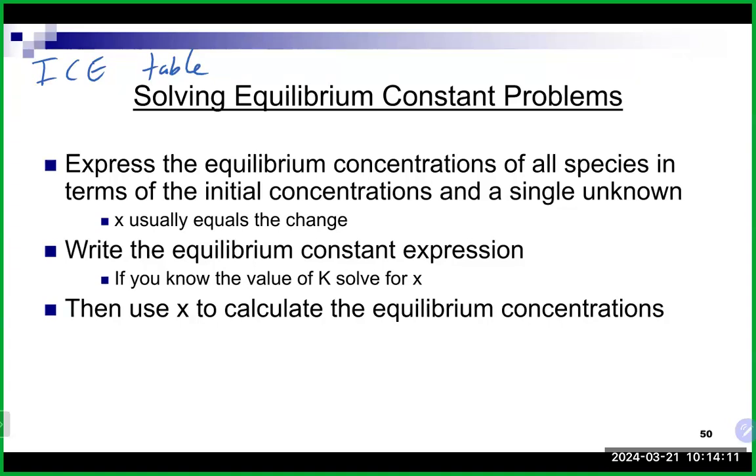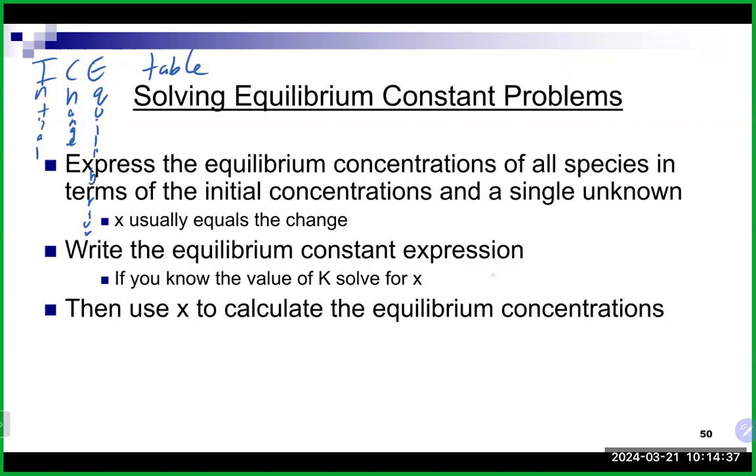And ice means initial, change, and equilibrium. I'll write the whole thing there, as I run out of room going underneath everything. There we go. So we use this ice table to help us figure out the equilibrium concentrations of everybody.